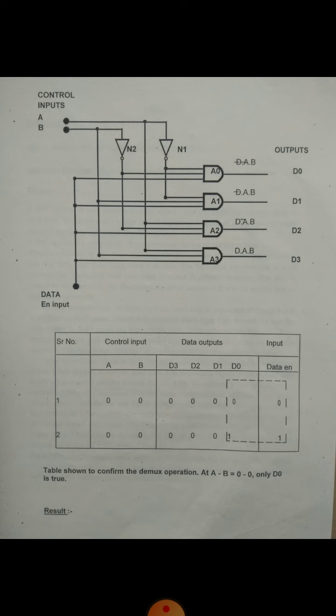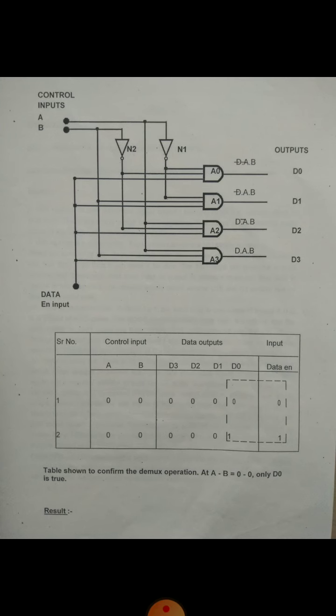So this is our circuit diagram for 1 to 4 demultiplexer. Okay, so you can verify this during simulation. Okay, this circuit diagram will perform all the two tables shown in this slide and this slide.